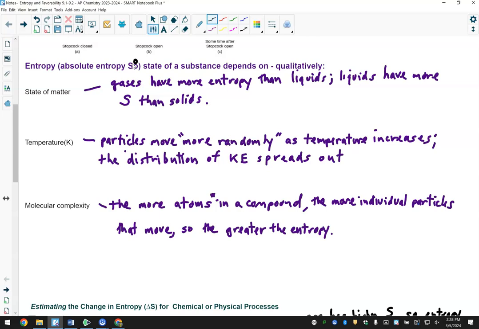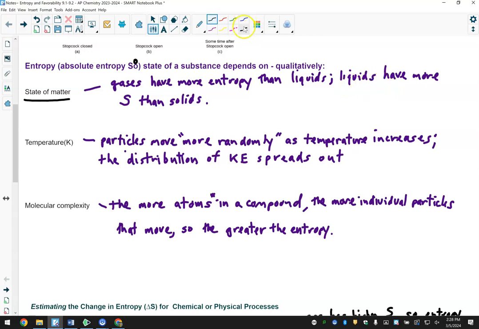So one of the things we can think about qualitatively is the state of matter. Just thinking about how they are at the subatomic level, gases have more entropy than liquids. The particles in a gas are more spread out, right? And the entropy of a liquid would be in between.